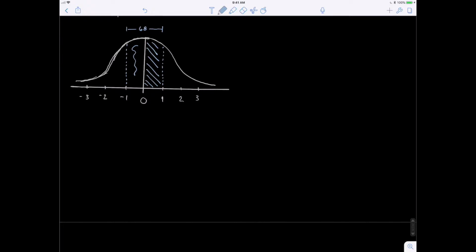So in other words, the mean cuts that 68% precisely in half. And so for my gray region here, if I take 68% and divide it by 2, the gray region represents 34% of the data.